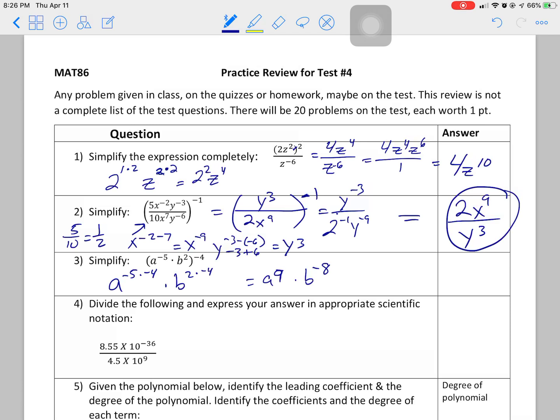So that means the a to the 9 stays on top, and the b, you can't even read that, sorry. That's a 9. Okay?